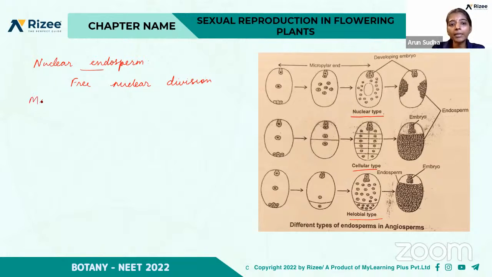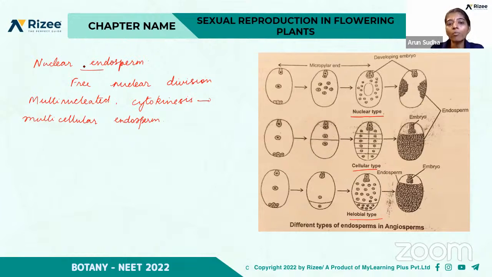It is a multi-nucleated structure. That is, many nuclei will be present. So it is a multi-nucleated endosperm, and then after the formation of many nuclei, it undergoes cytokinesis. Cytokinesis takes place, which leads to wall formation. So multinucleated, now it becomes a multicellular endosperm at maturity.